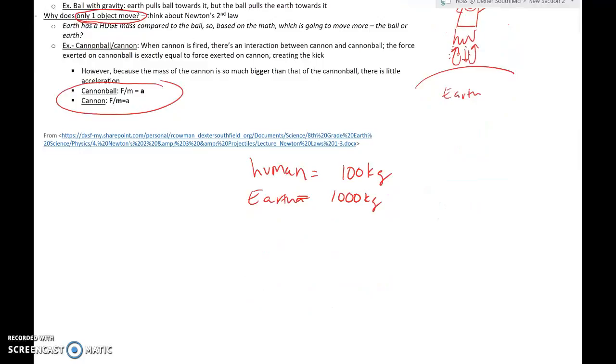It weighs way more than that, but this is to make our math easy. So the force of the human, F_h. Let's say that the 100 kilogram human applies a force of 10,000 newtons, and we're going to find acceleration.